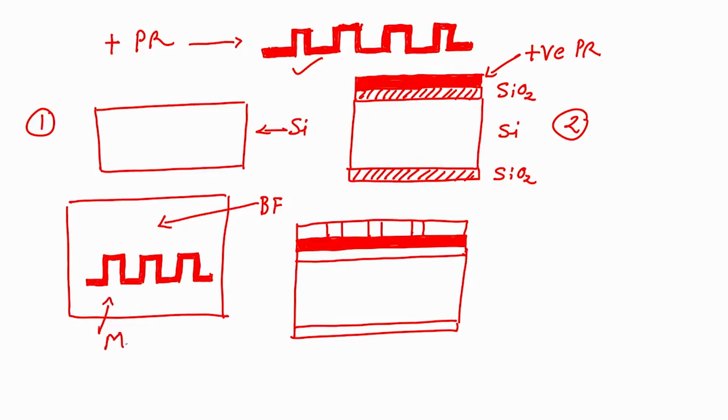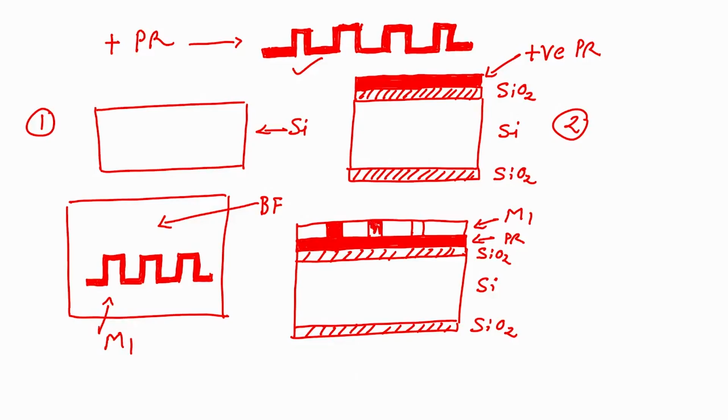I am loading this mask, let us say M1, this is my photoresist, this is my silicon dioxide, this is silicon, this is silicon dioxide, and this is my cross section of the mask, right.